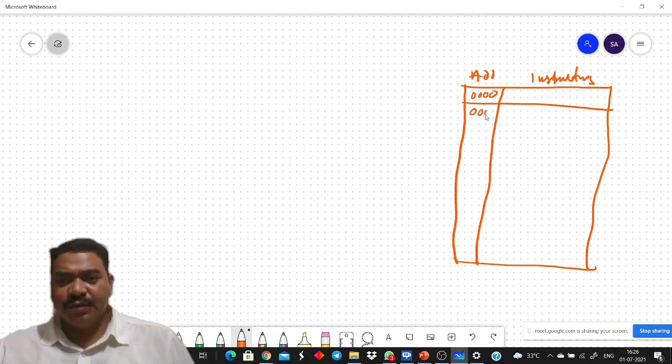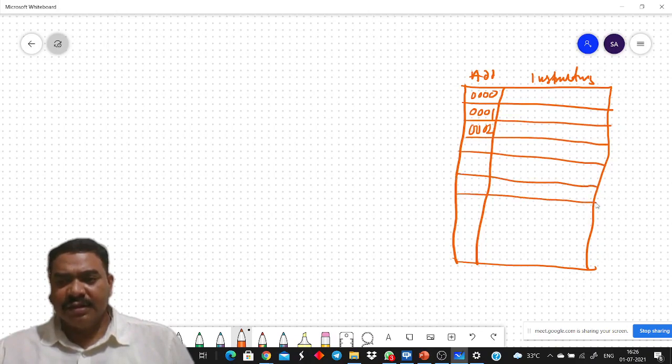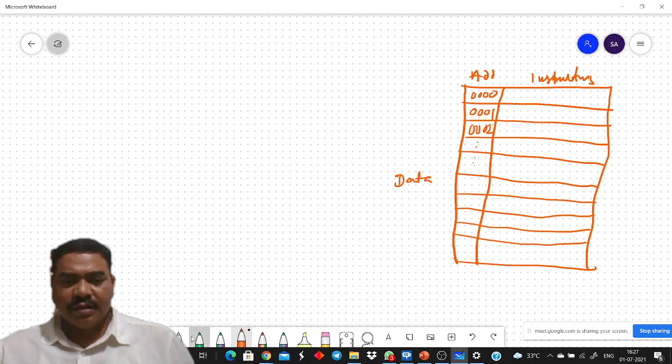The first location is 0, then 0001, then 0002. Like this, every location has an address. Here is the program memory, and from here the data memory starts, say at 5001, 5002, 5004.